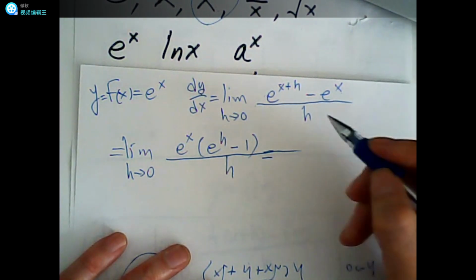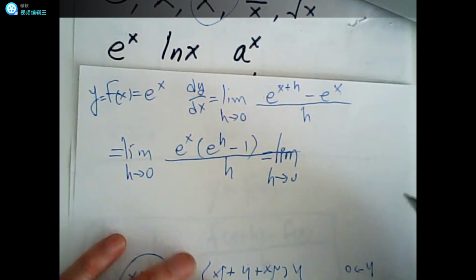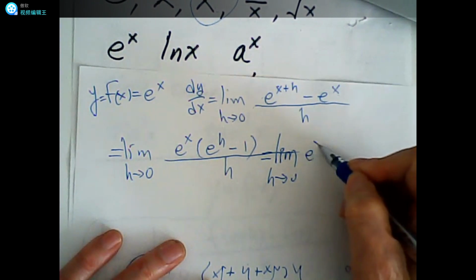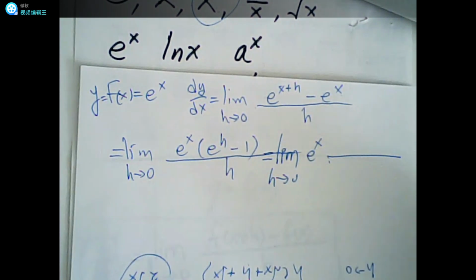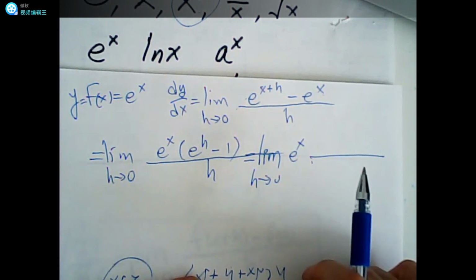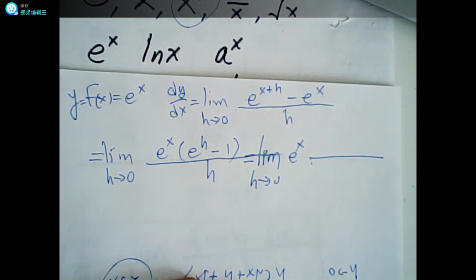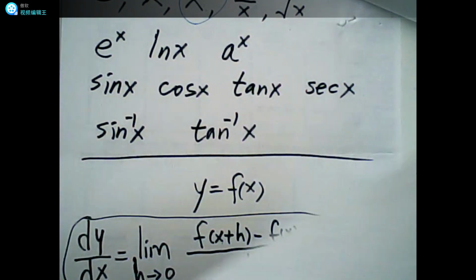What to do? This is equal to the limit as h goes to 0, e to the x. Now, you know the definition of e. What's the definition of e?